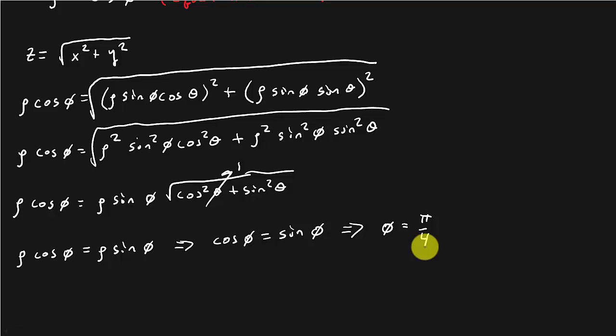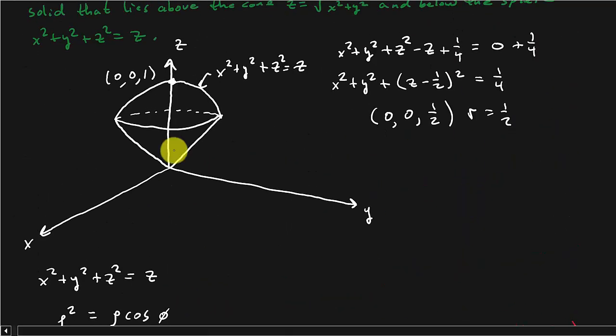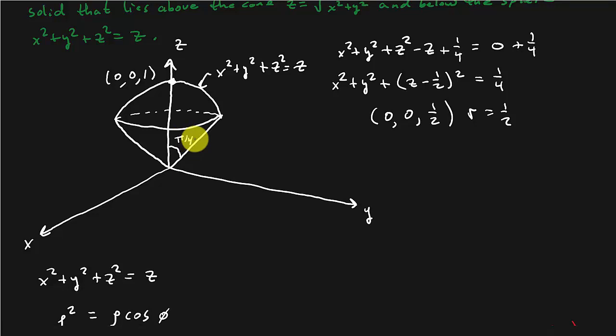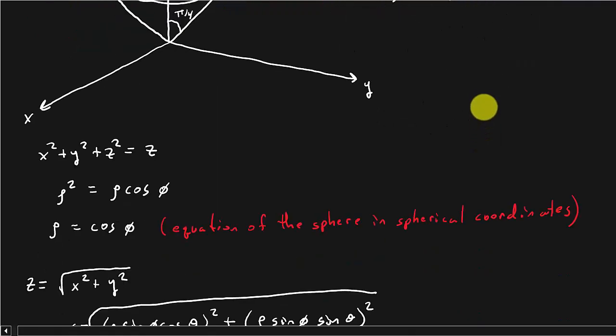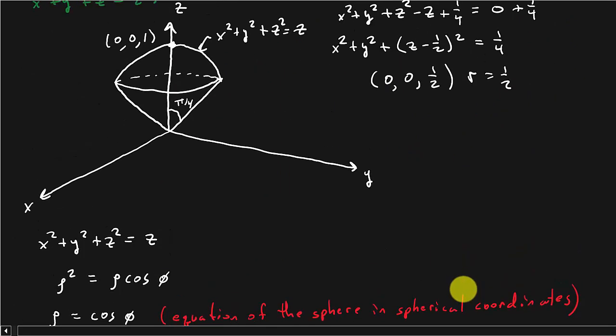All right, so let's see if we can set this up. I know this angle here is pi over 4. That's phi. So if I set this up, let's write E right here.